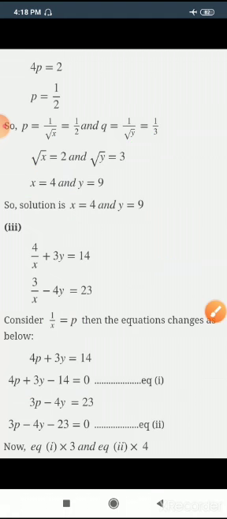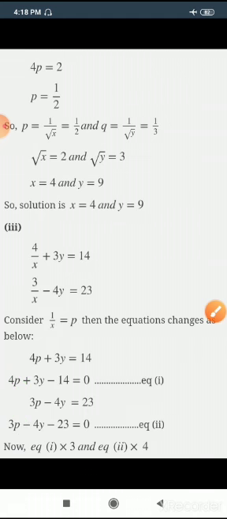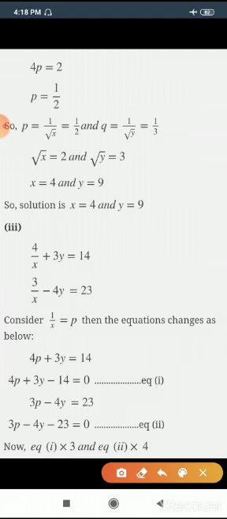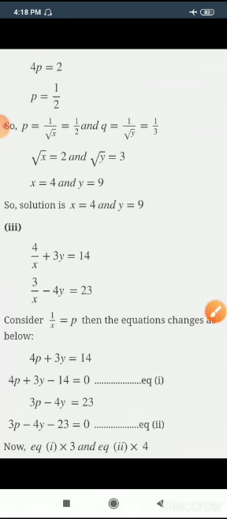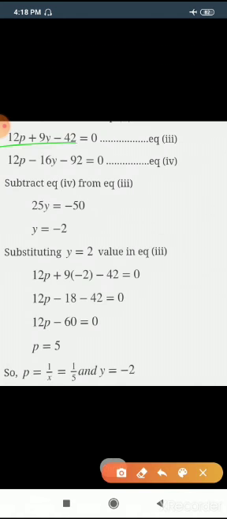To solve them by the elimination method, multiply equation 1 with 3 and equation 2 with 4. For what? For making the numerical coefficient of p as 12. Because the common multiple of 4 and 3 is 12, if you get 12 as both the numerical coefficients, they will get cancelled. So first equation into 3, then it will become 12p plus 9y, multiplying all the terms with 3.